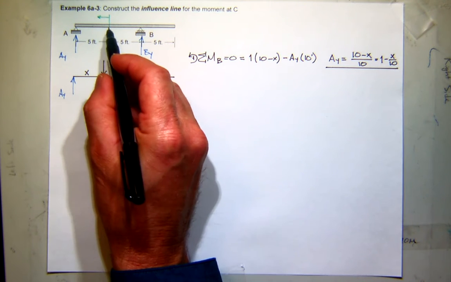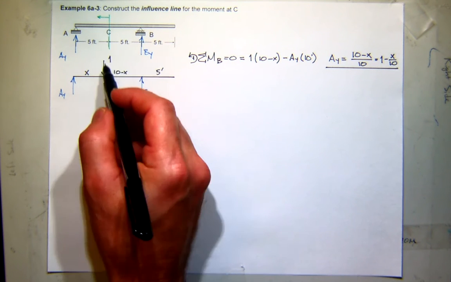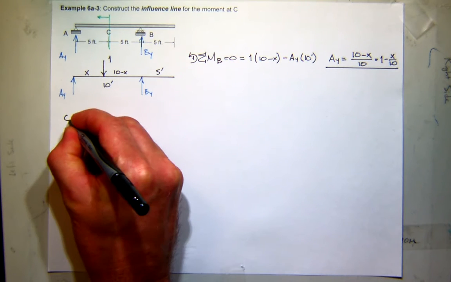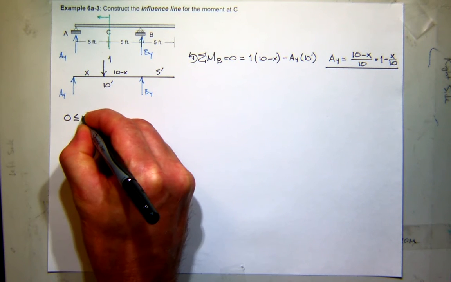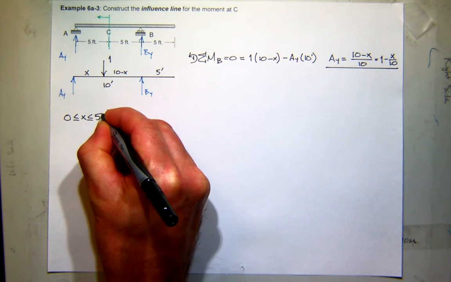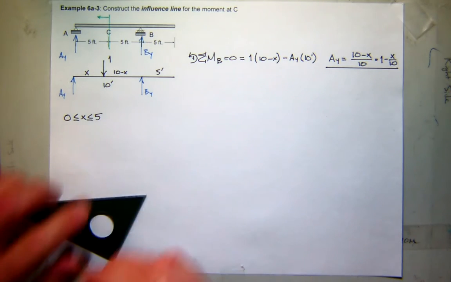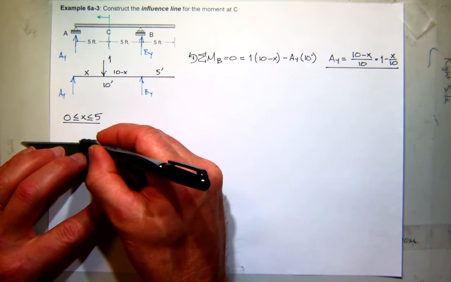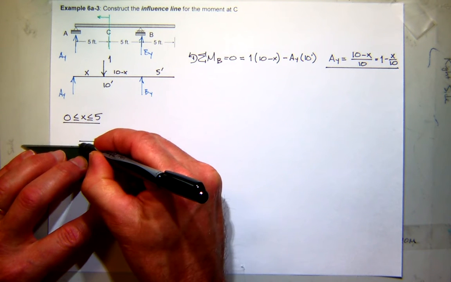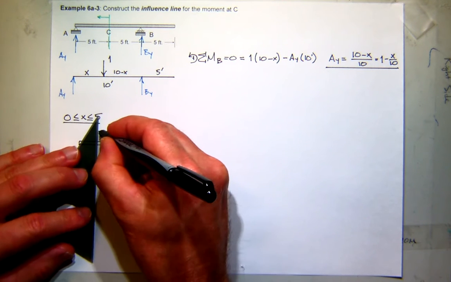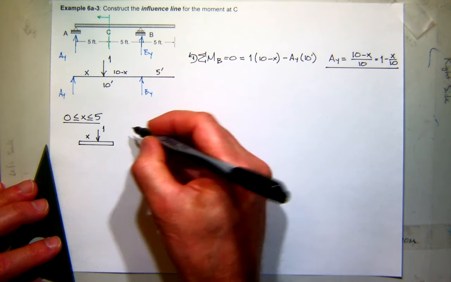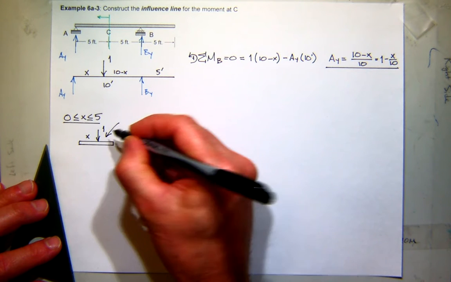So our first case, since we're cutting at C, is when the unit load is anywhere on the left-hand segment, which would be a position between 0 and 5. And when I do that and draw the free body diagram, I have the unit load at some distance x. I didn't give myself enough room, so I have to draw this in here.